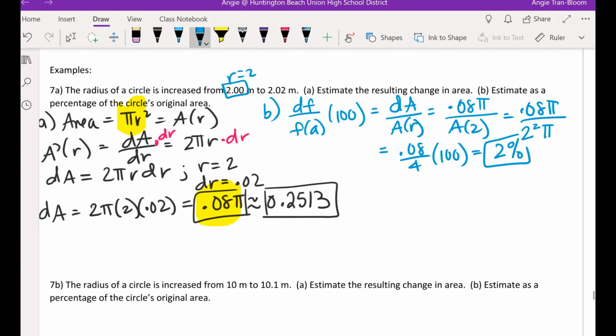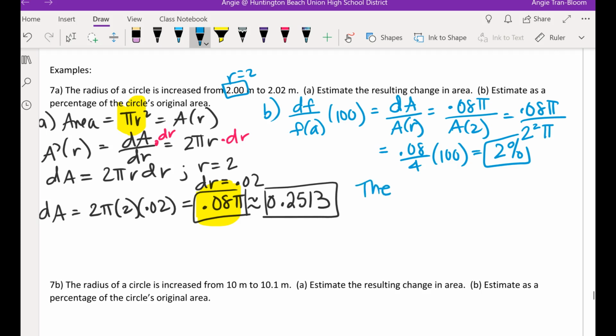Okay, ready? Part A said estimate the resulting change in area. So the estimated change in area is about, you can write it as 0.08 pi or 0.2513, and then we can add the percentage in, okay?